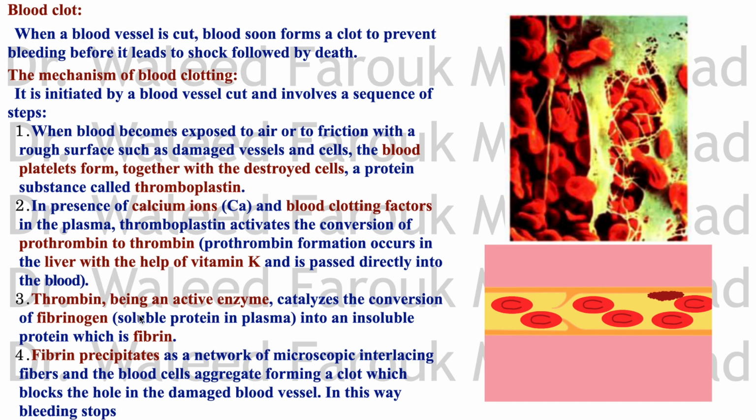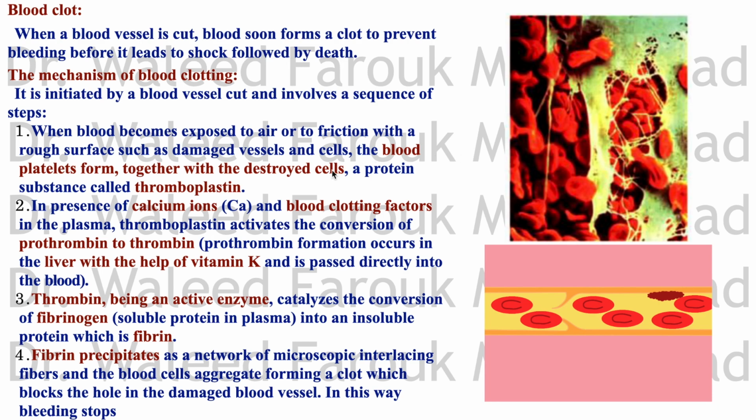Now that one is insoluble and will precipitate as a network of fibrin, as you can see here. What is it for? For the platelets and other cells to adhere to it and plug the site of injury.